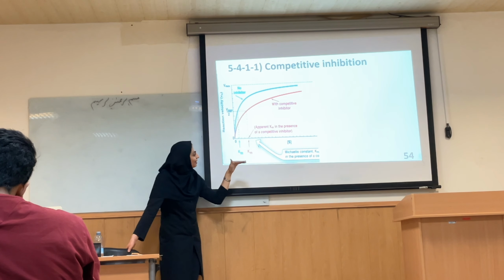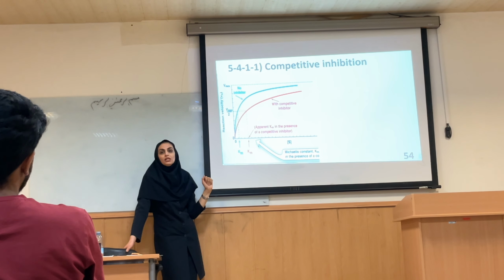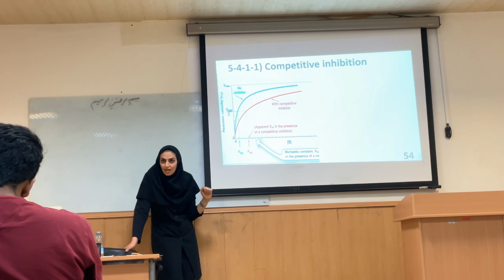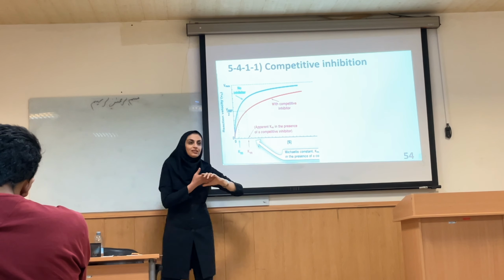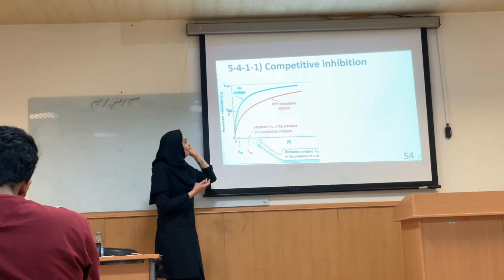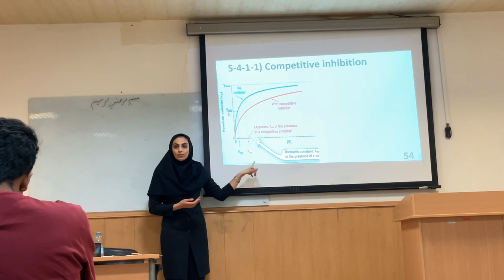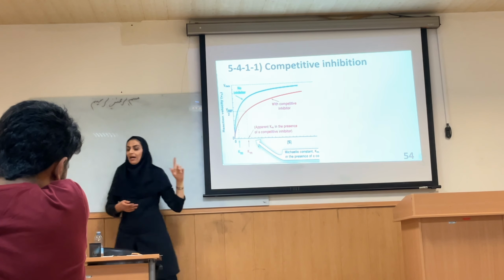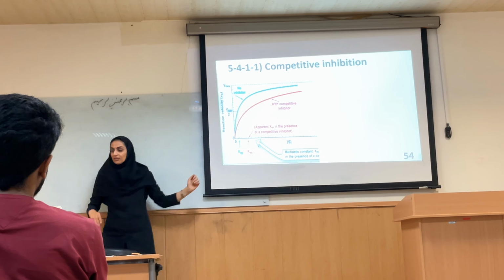With decreasing affinity, what change can we see in Km? Increasing the Km. If I ask you which of these choices is affected by competitive inhibition, you should choose Km. And about increasing and decreasing, you should say that it increased.